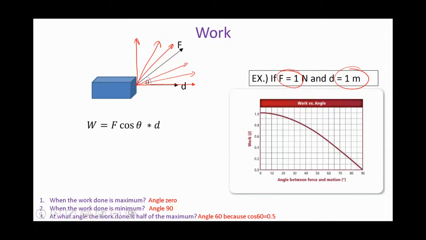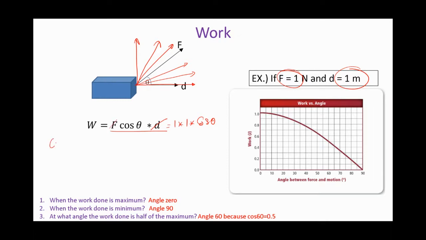I know that the work done by the force is F cosine theta times d. The force equals 1 Newton, and the distance is 1 meter. So the work done is 1 times cosine theta.